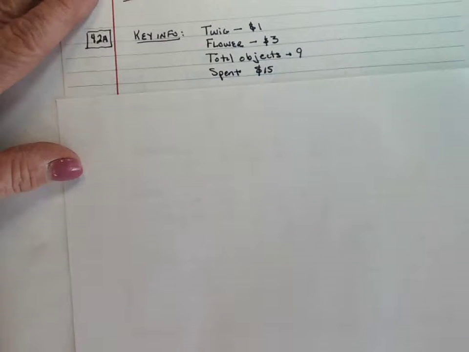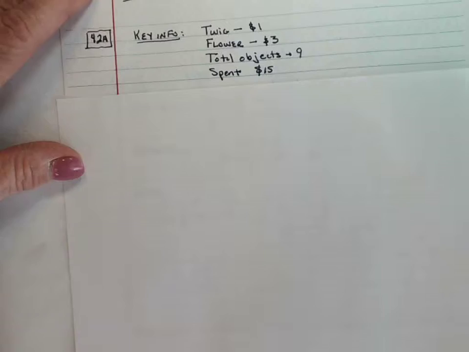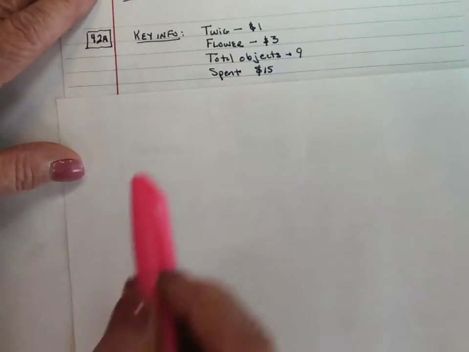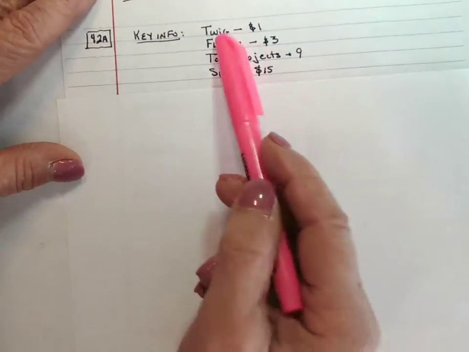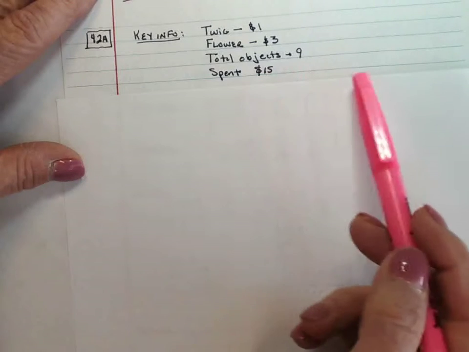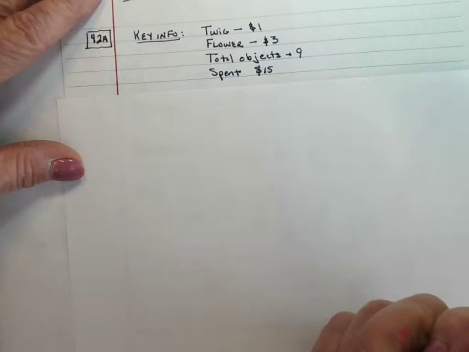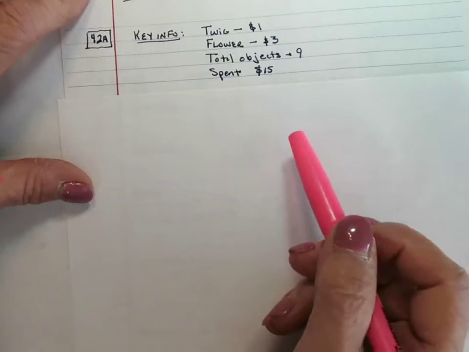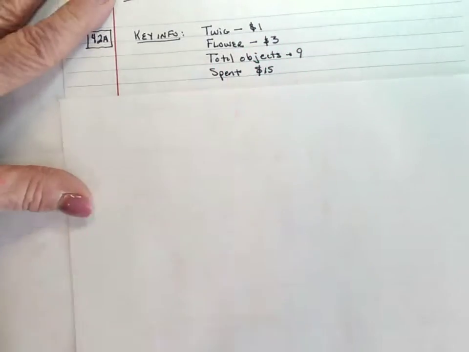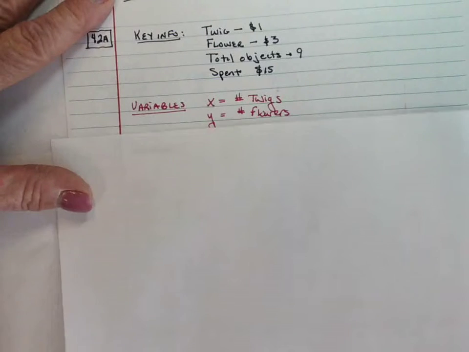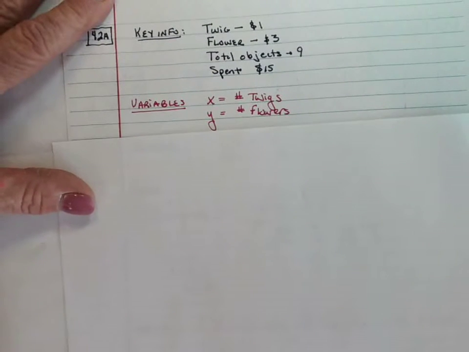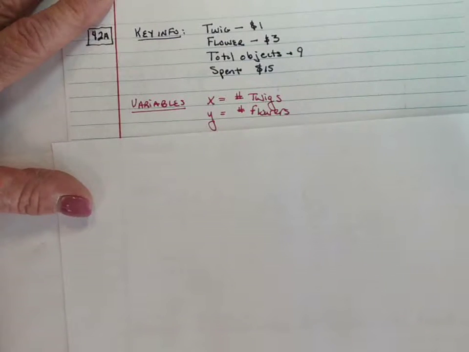A flower is $3. You had 9 objects, so you don't know how many flowers and twigs you had, but you had 9 objects and you spent $15. So in this case, we're not looking for money. We wanted to find our X and Y as the number of twigs and the number of flowers.